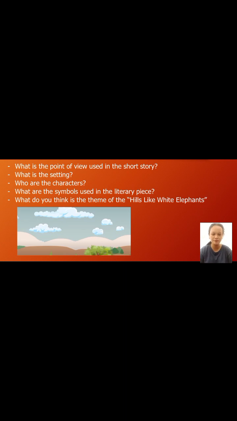Its theme. Okay, very good. Any answer? Yes, that's correct too. Your answers were all correct. The story's theme is all about choices and consequences, doubt and ambiguity, and men and women.